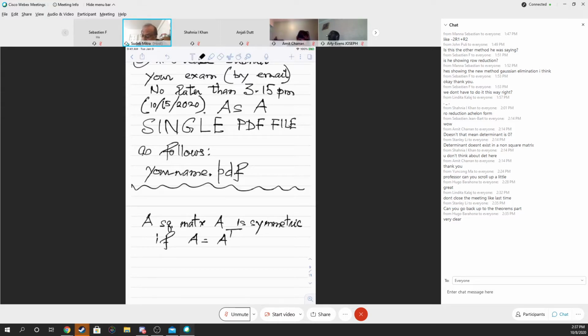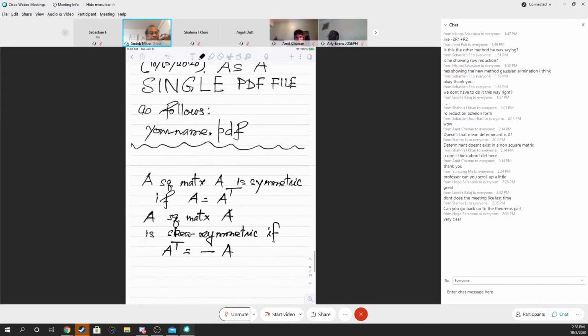And a square matrix is skew symmetric if A transpose equal to minus A. Good. Okay.